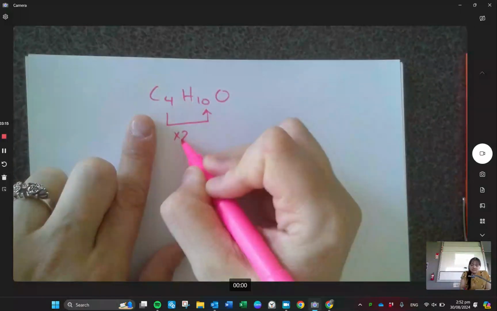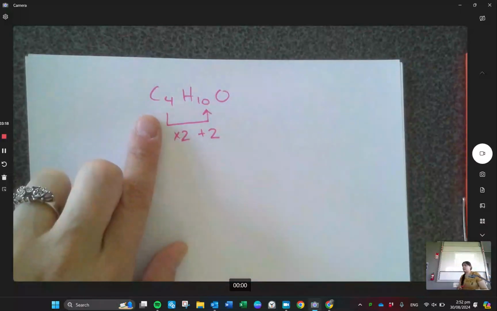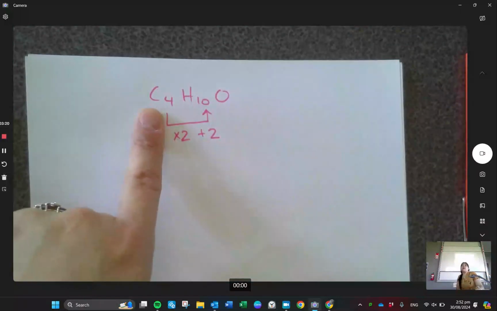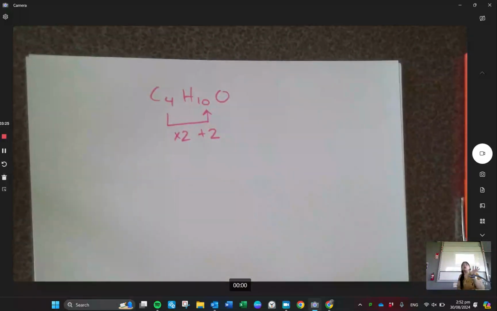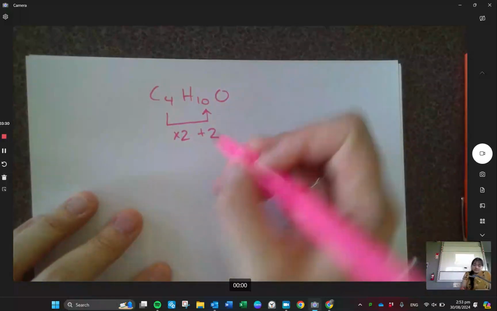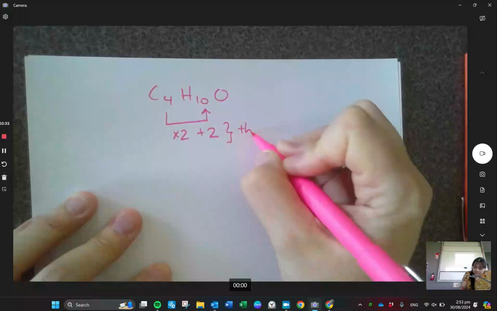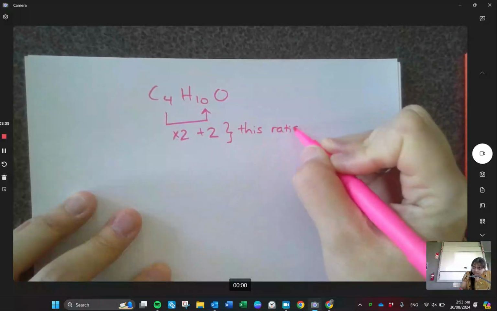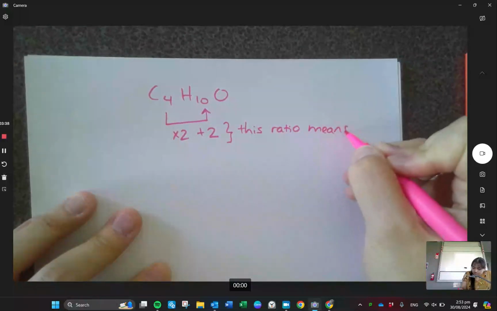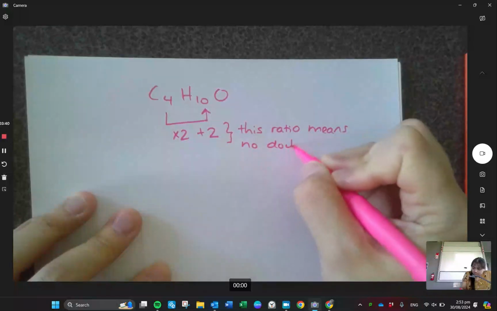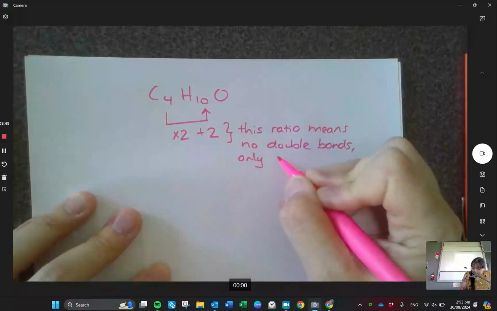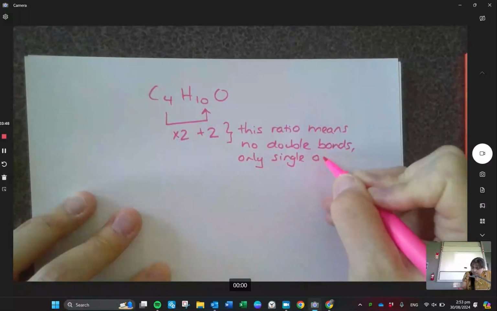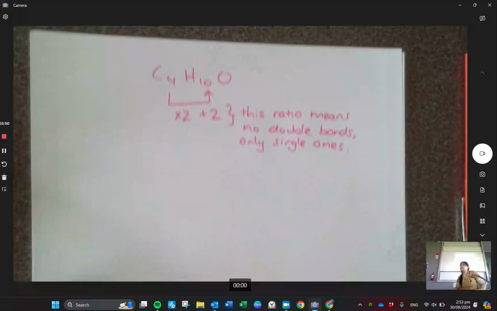So if I do 4 times 2, I have 8, plus 2 is 10. What that tells me is that there are no double bonds. This is all single bonds. It's a really useful hint to know. We okay with that?